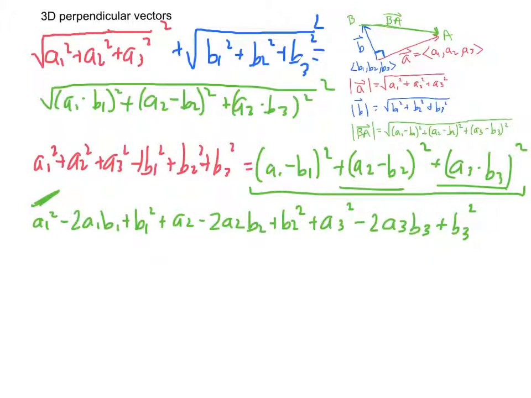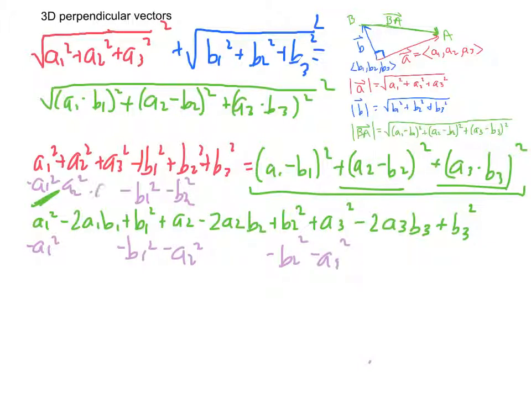So I'm going to subtract A1 squared from both sides. I'm going to subtract B1 squared from both sides. I'm going to subtract A2 squared from both sides. I'm going to subtract B2 squared from both sides. I'm going to subtract A3 squared from both sides.